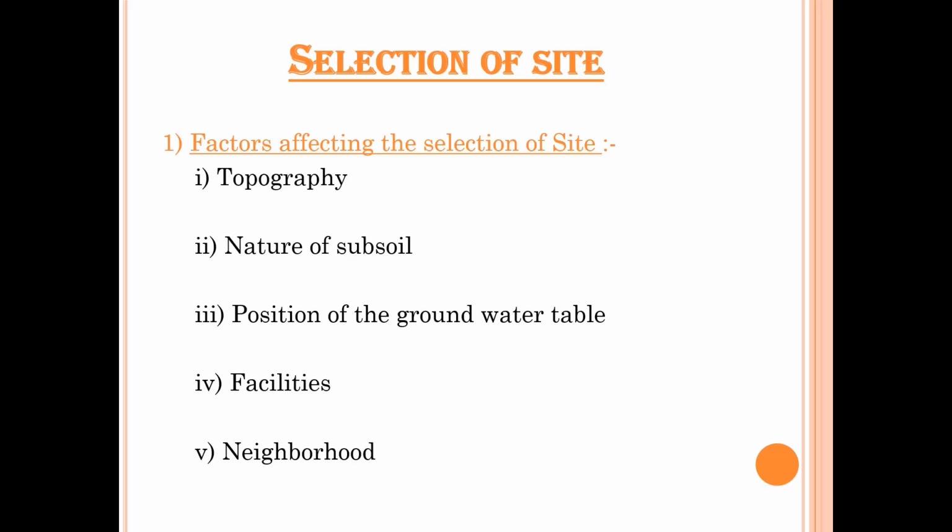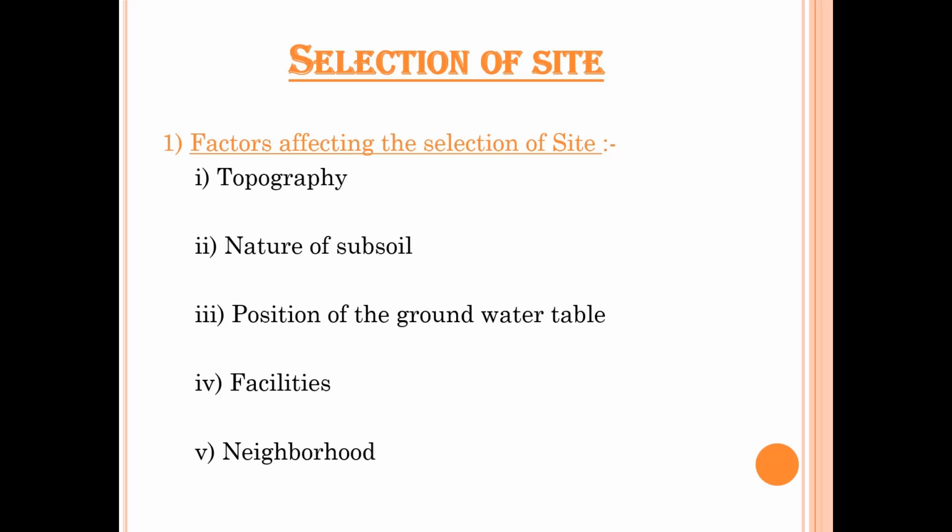But as well, we have to consider that there should be some slope which helps us drain out the rainwater so that it does not stay on the site. So the site needs some slope in one direction. Then the second is the nature of subsoil.